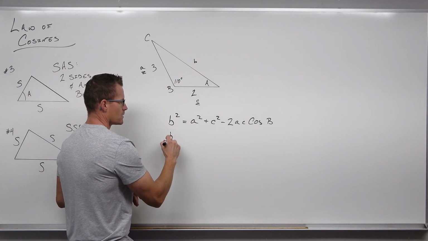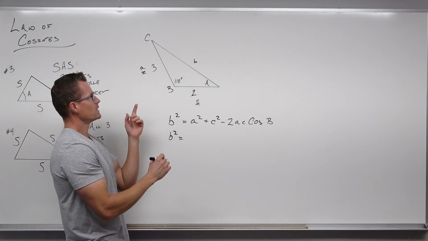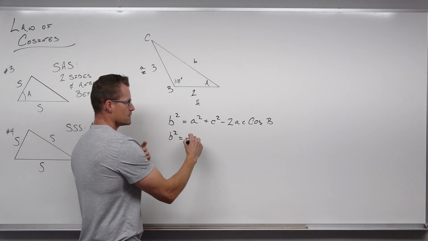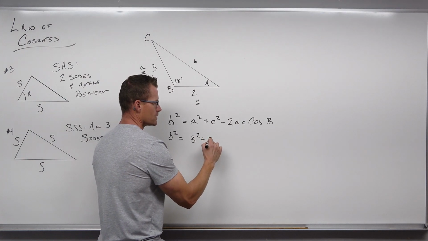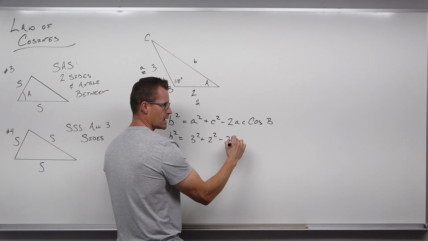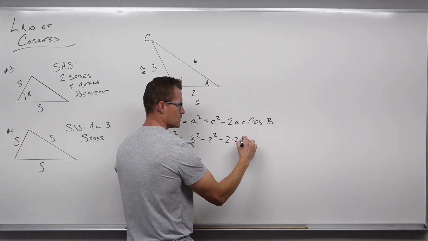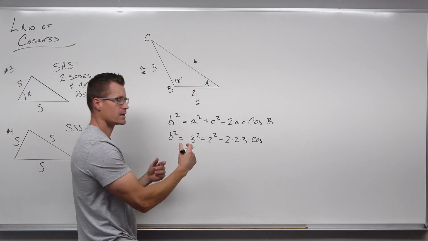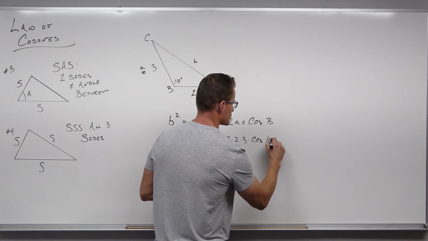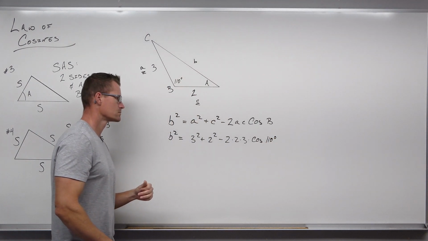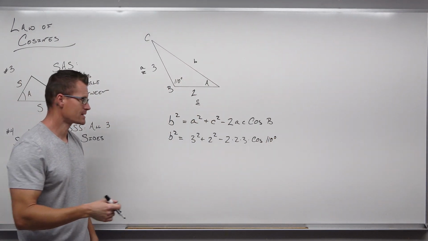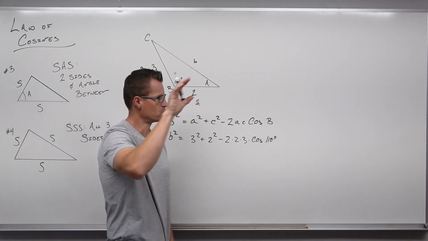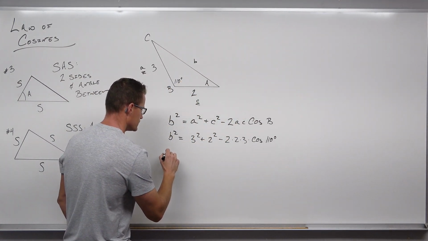So b squared is, well, let's see, 3 squared, 2 squared, minus 2 times 3, times cosine of 110 degrees. If we really wanted to be fancy, take a square root of the whole thing, do it all at one time on your calculator.